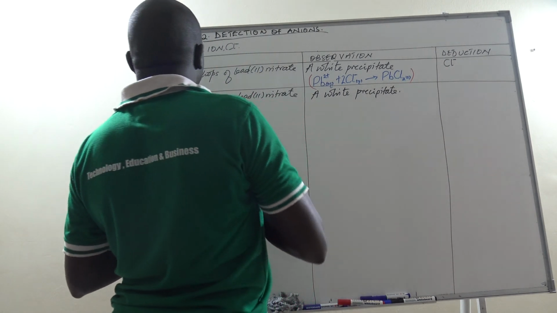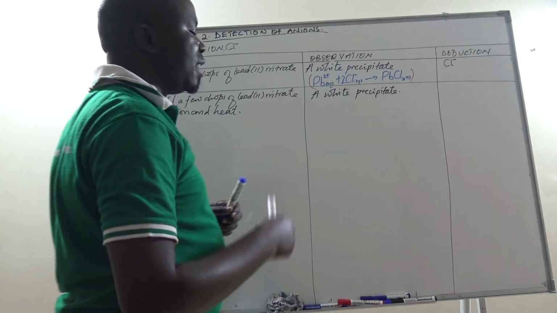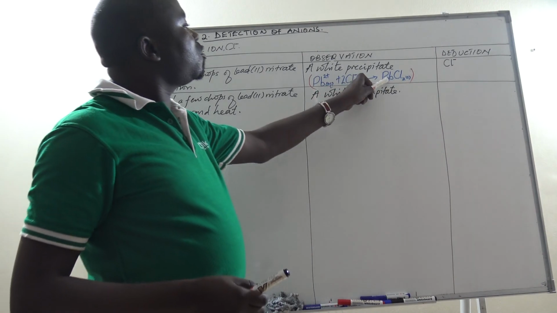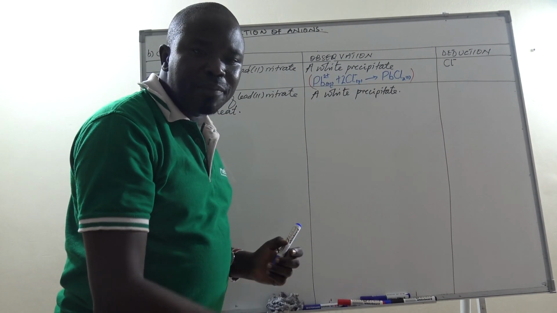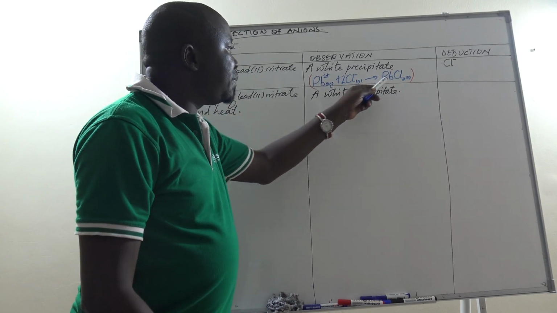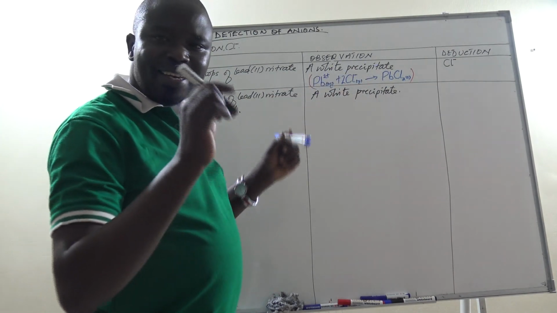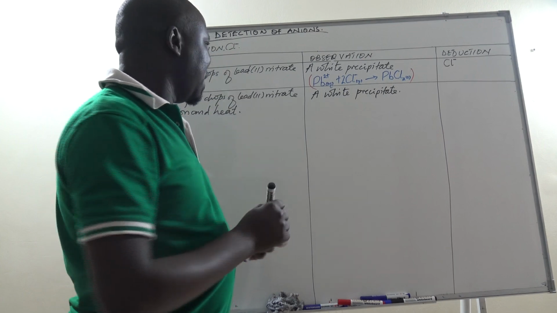Now, we must know that this reaction leads to the formation of lead 2 chloride, which is an insoluble salt, which will be precipitated. Now, lead 2 chloride, if you heat it, it dissolves. On cooling down, the precipitate reappears. That means that it has a high solubility at a high temperature, and it has a low solubility at a low temperature.